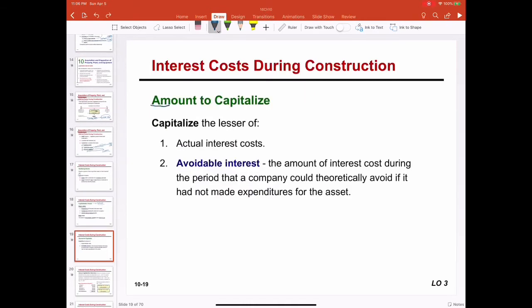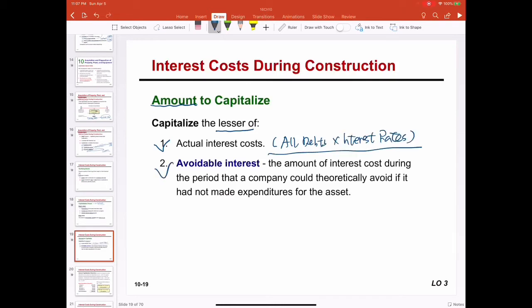Last one is the amount. Actually, we have two candidates, but we are going to use the one which is lesser. Two candidates there. First is actual interest cost. That actually is all the debt multiplied by their interest rate.